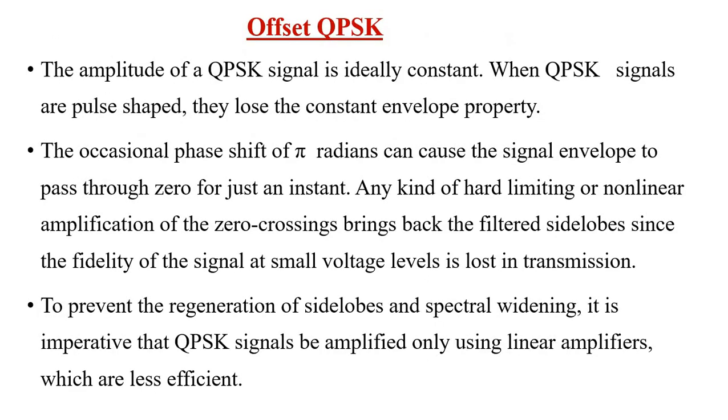And in the offset QPSK, the main difference is that when we normally observe the performance with the QPSK, we may see that when we change the phase from 00 to 11, at that time zero crossings will be there, but with offset QPSK the zero crossings will be prevented.